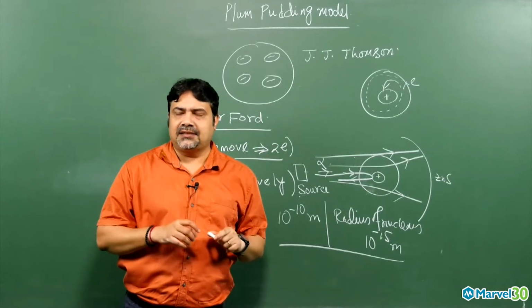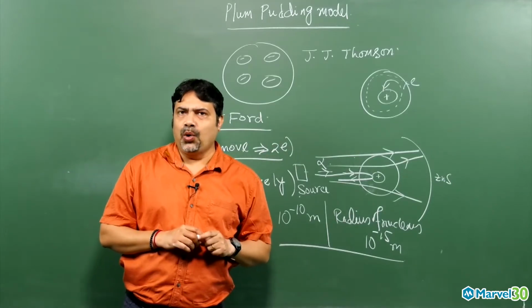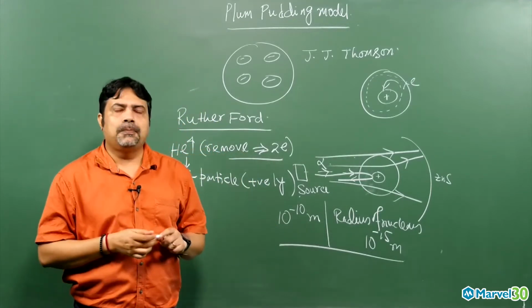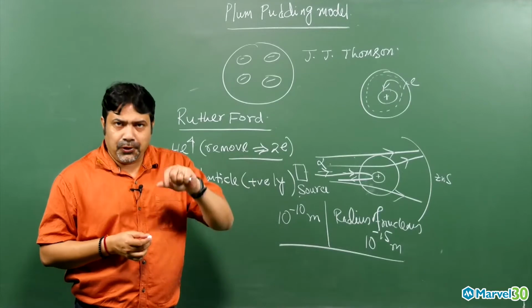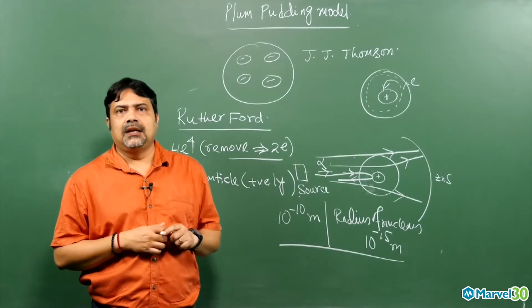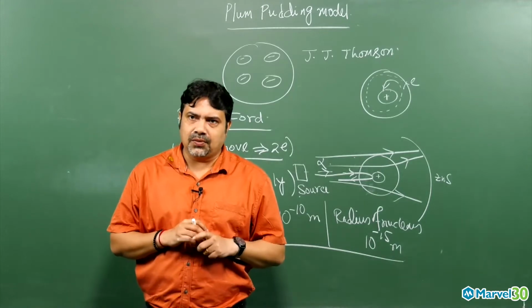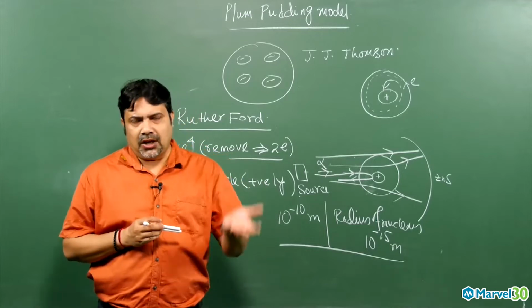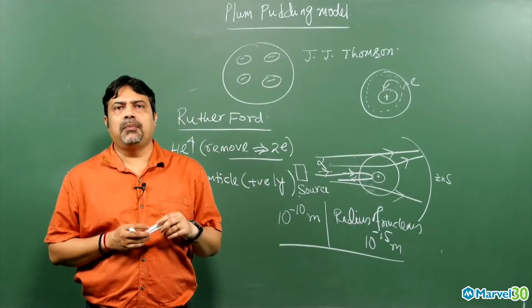Then the scientist Niels Bohr, around 1900, came into the picture to propose his model. Before going to the Bohr model, we need to know certain things: what electromagnetic radiation is, what wavelength is, what frequency is. Then only will we come back to the Bohr model.